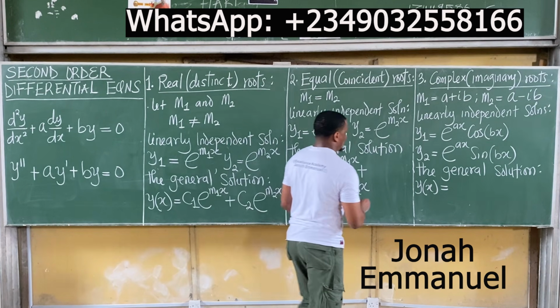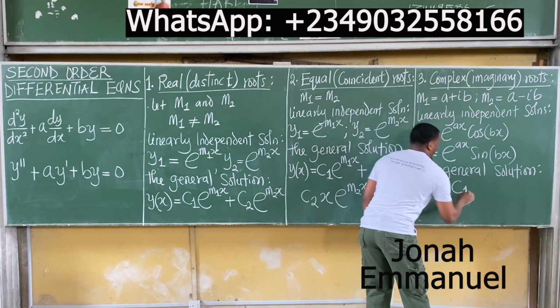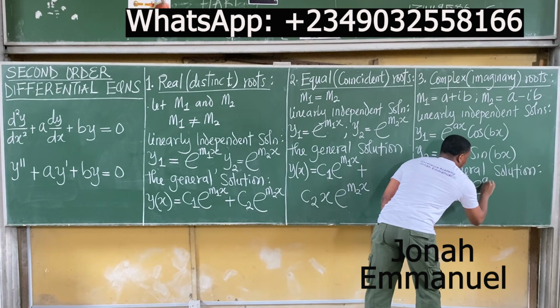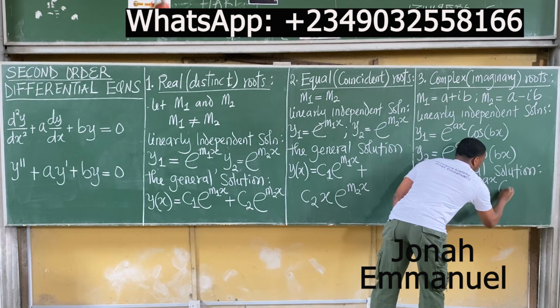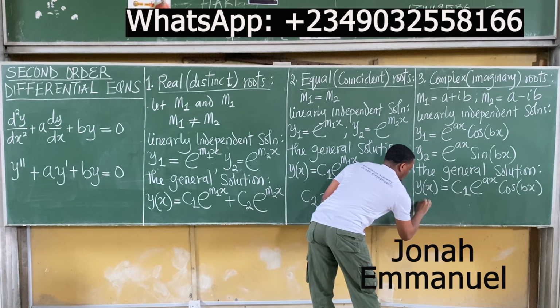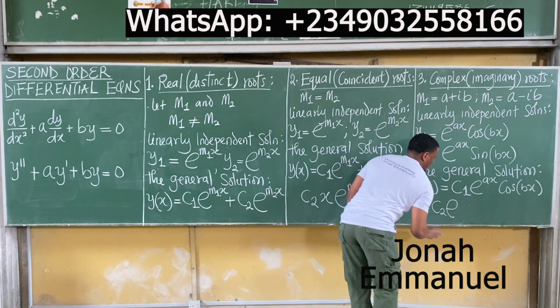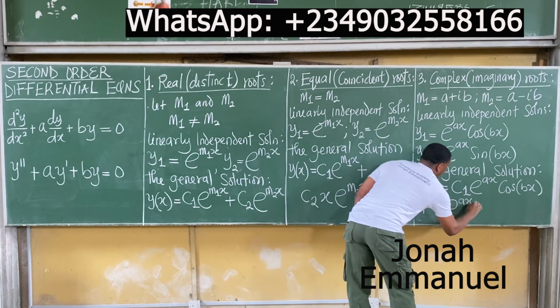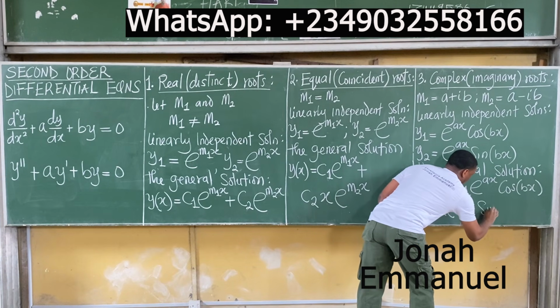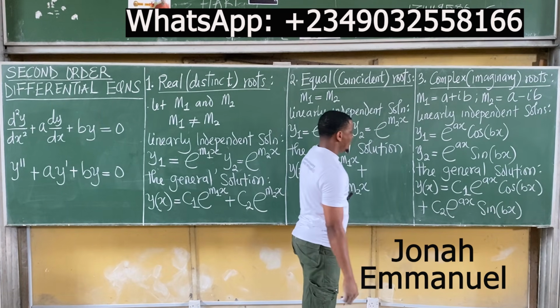For this one here to be C1 exponential ax cos bx plus C2 into exponential ax sine bx. So you have this.